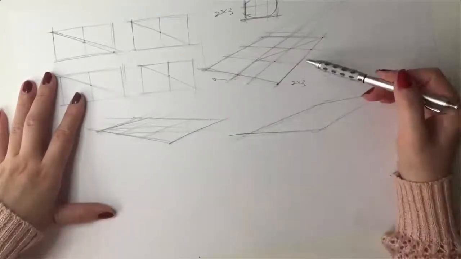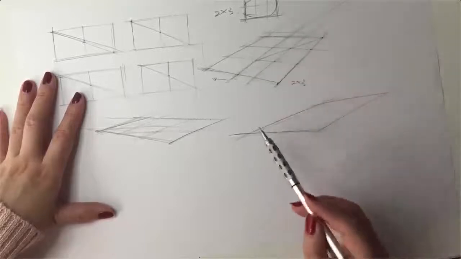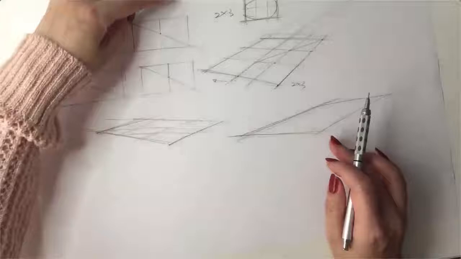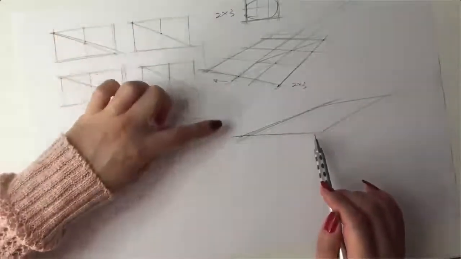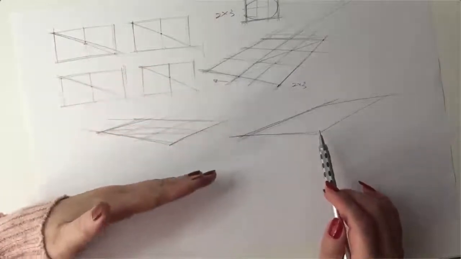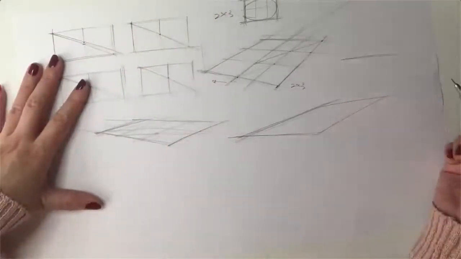Can you see the difference? In this one we see a lot of top plane, and in this one we lowered our eye level. If the eye level for this box will be here, then it will be much closer. When your eye level is very low, close to the top surface, you'll only be able to see a flat line, right?